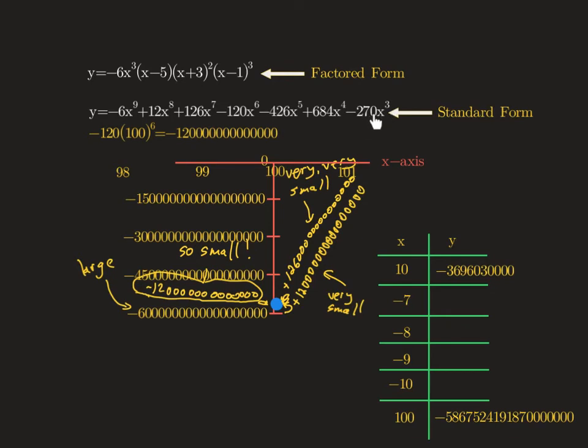So yeah, these numbers aren't all that big. It's just that once x is 100, the difference between each of these terms becomes huge. Now imagine x is 10,000.